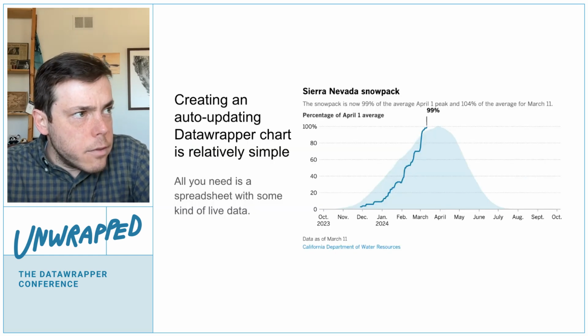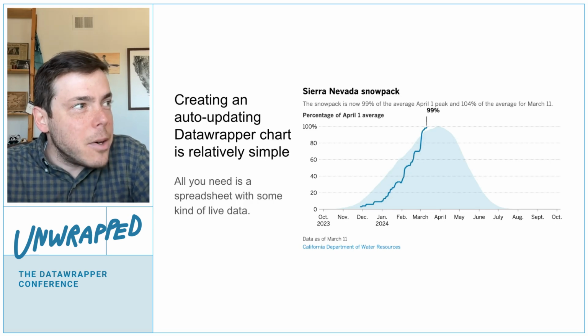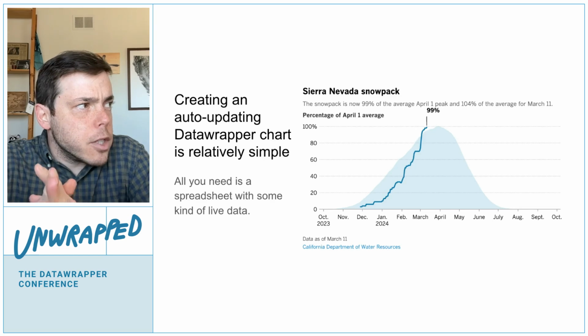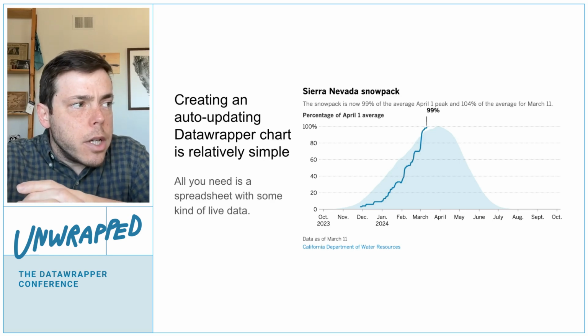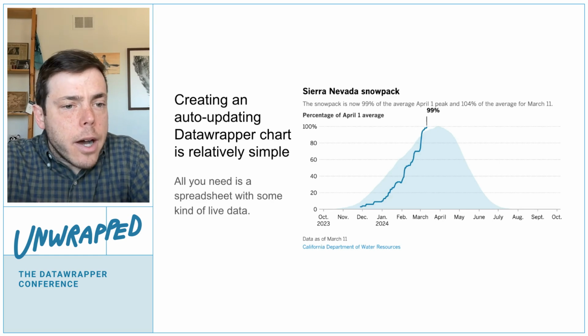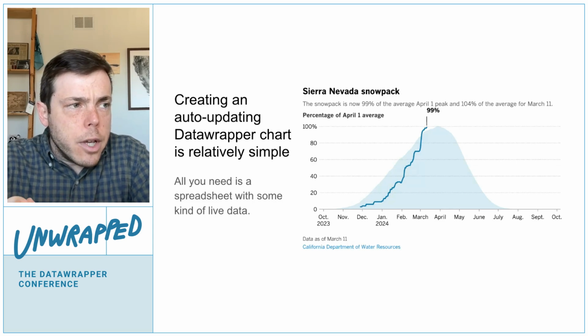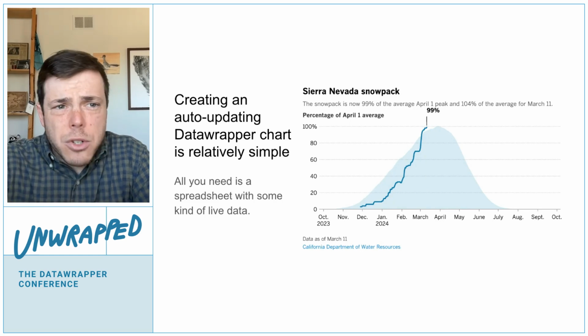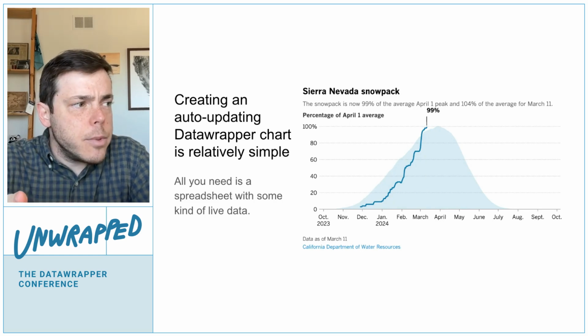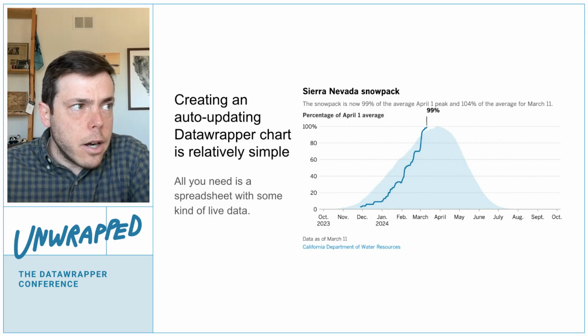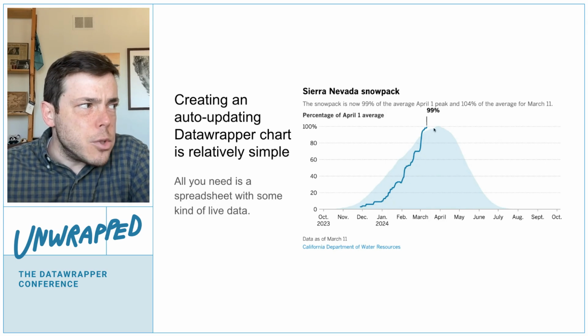We can dive in a little bit. So let's unpack how we did the snowpack chart. First things first, someone asked me, what's the difference between using the Datawrapper API and having an auto-updating chart? So you probably are all familiar enough with Datawrapper, you can connect a Google Sheet or some kind of spreadsheet with live data, and you can get your chart to update on its own, but it only gets you so far.